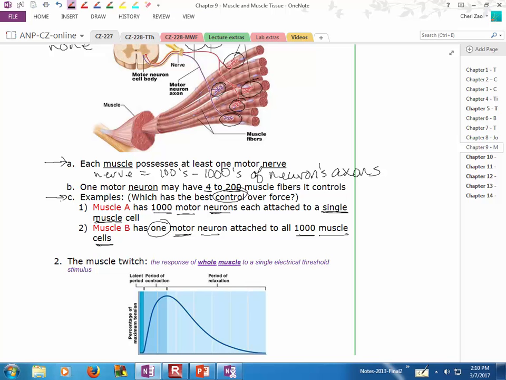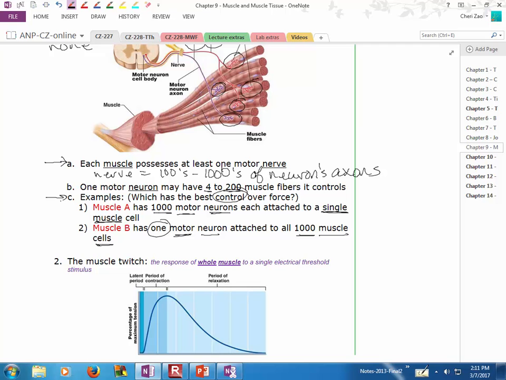If you take 1 motor neuron attached to all the muscle cells and turn it on, every single muscle cell will shorten. So if that's your biceps brachii and you want to scratch your nose, what would you do if you were built like B? You'd punch yourself in the nose, because every single one would be responding maximally.